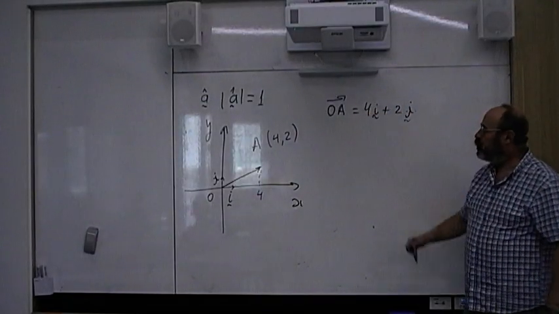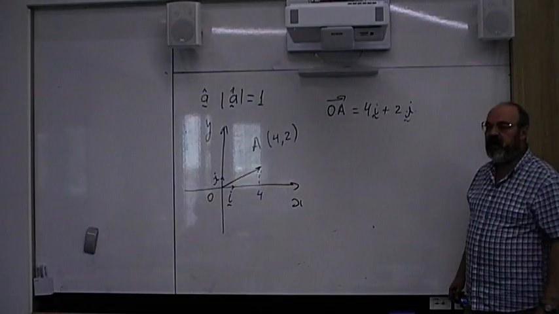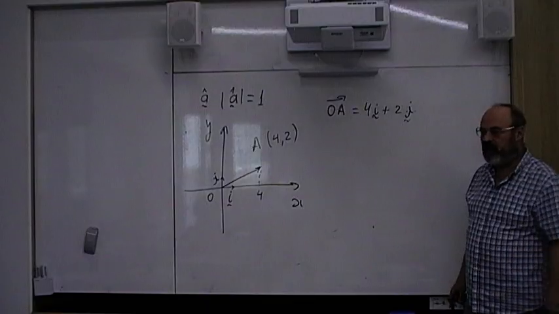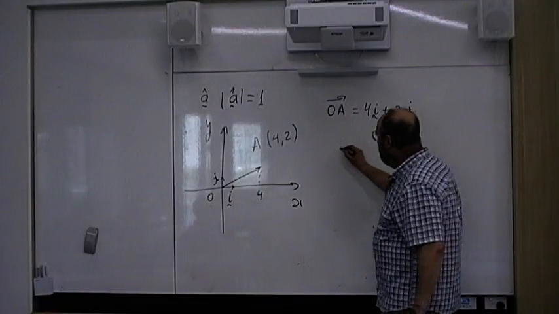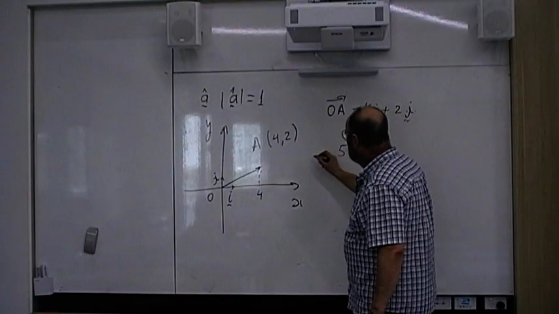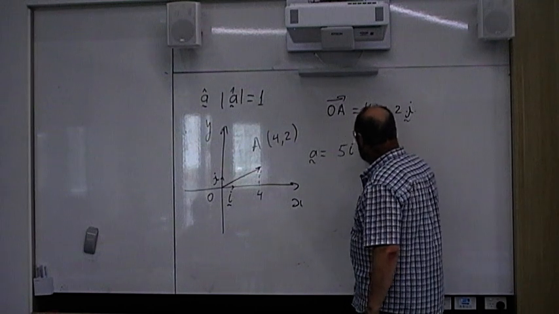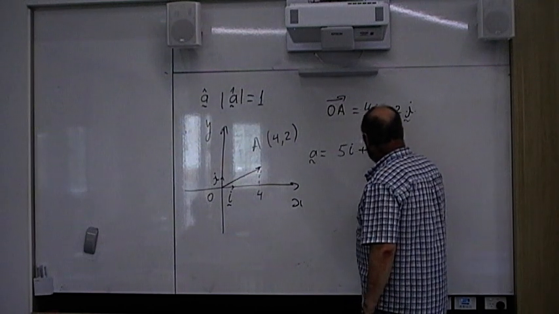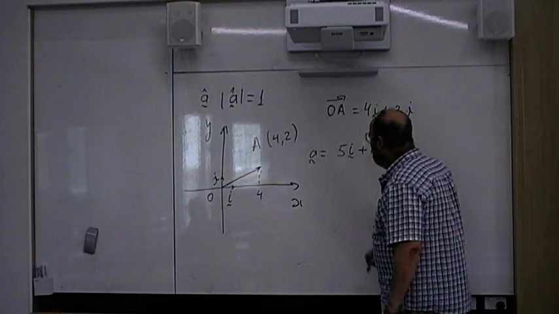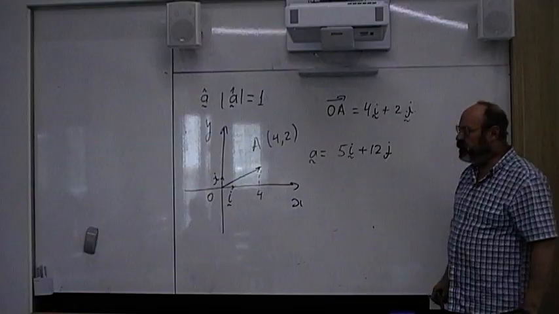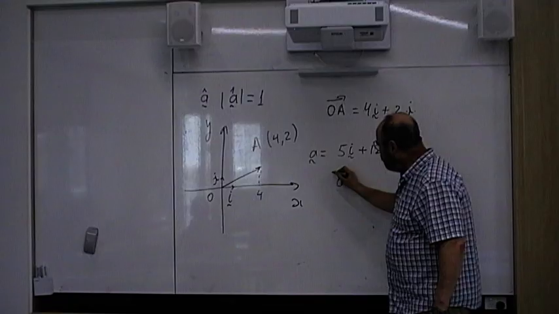So now, if we are given some vector, let's say vector A equals 5i plus 12j. It starts at 0 and ends at (5, 12). What is the length of this vector?